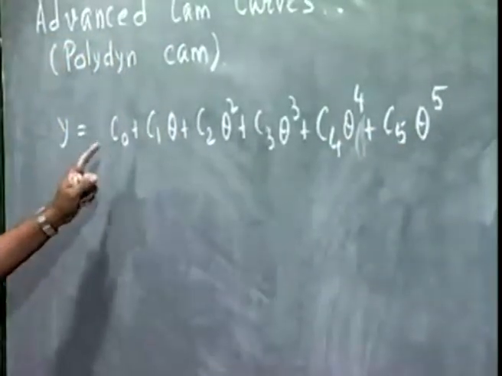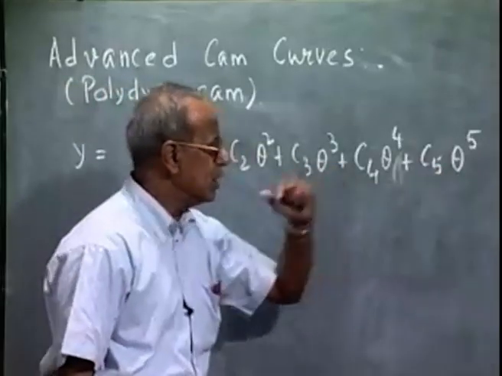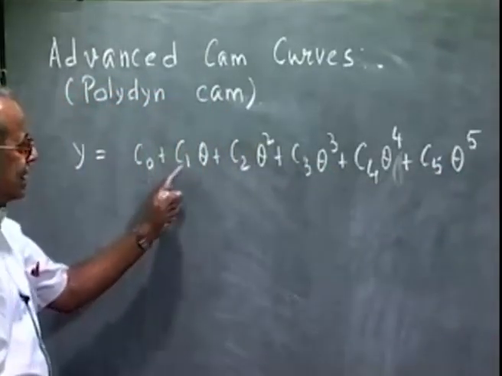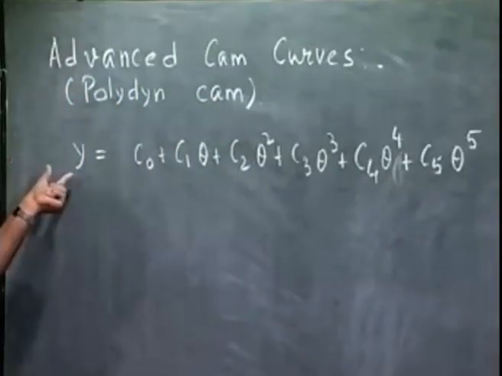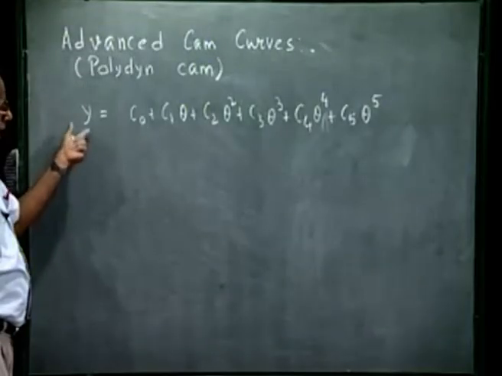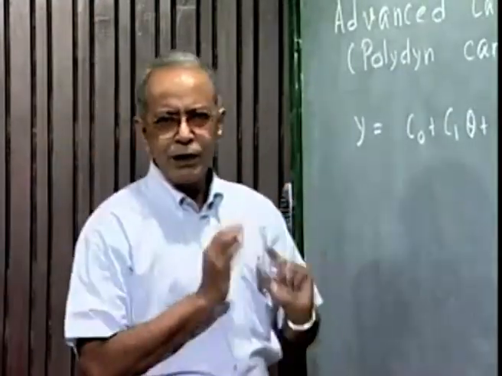I write C0, C1 theta, C2 theta squared, C3 theta cube, and so on up to the 5th order term. And these I leave as constants which are so set such that the value or the derivative of y at theta equal to 0 and theta equal to theta Ri can be controlled.